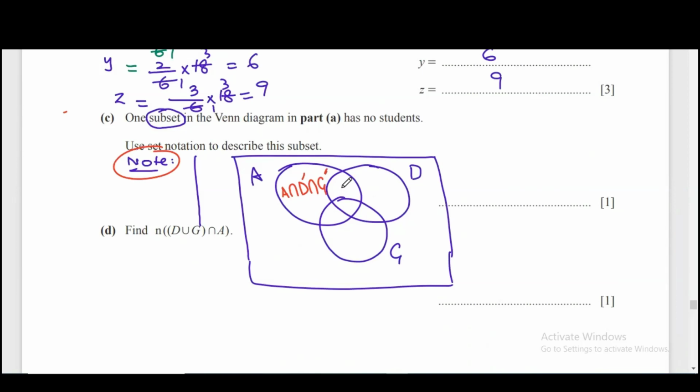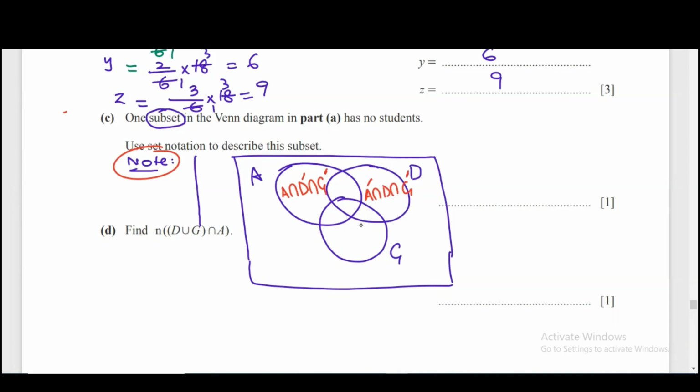And what is this region? This region is A intersection D intersection G, but it is beyond A and G, so A complement and G complement.